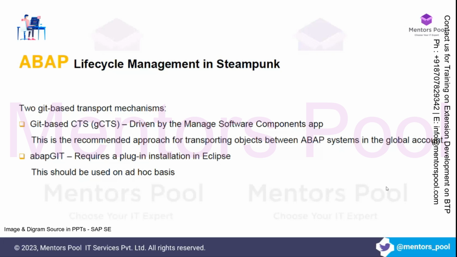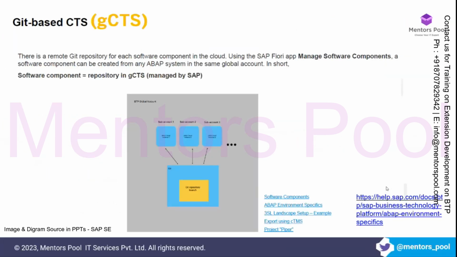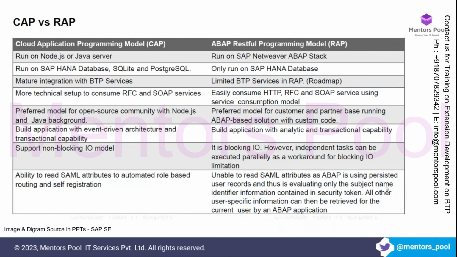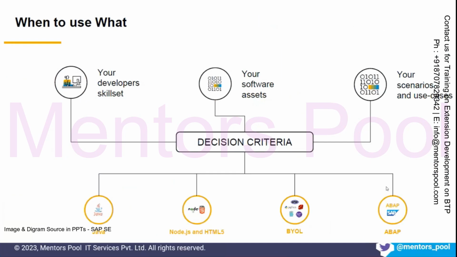For this, we need to install a plugin in Eclipse, and that can allow us to version manage and version control ABAP objects and ABAP extensions. We'll look into GCTS a little when we talk about the transportation.